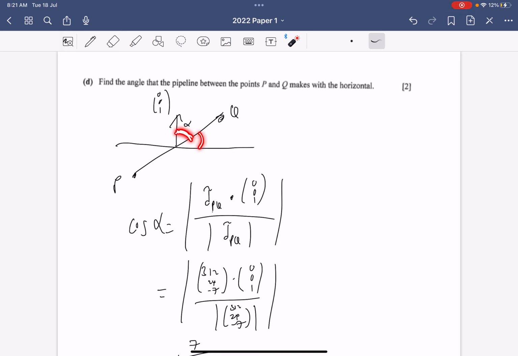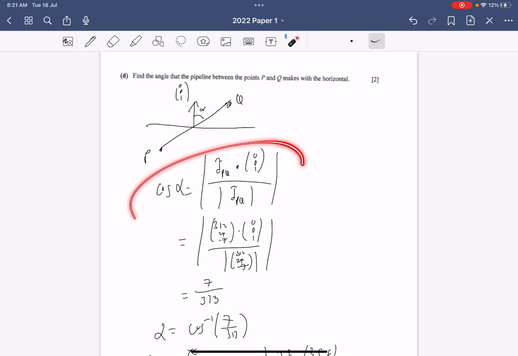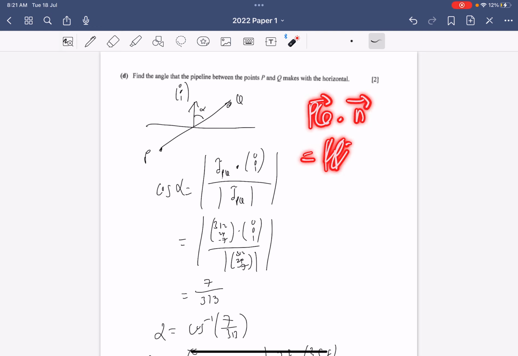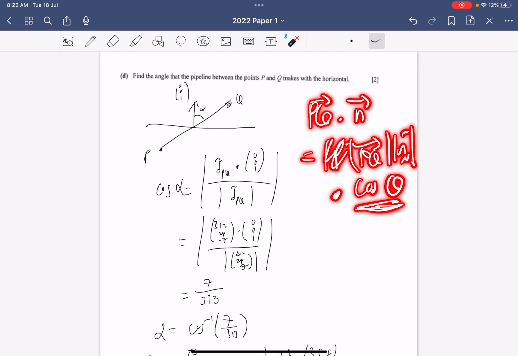But what we really want is this theta, and we will just later need to take pi over 2 minus alpha. So we just use the formula to find the angle, because how to find it is just PQ dot the normal must equal the length of PQ times the length of the normal times cosine theta, and theta is the angle between them. But because you want the acute angle, you just modulus everything, so it's just mod cosine.